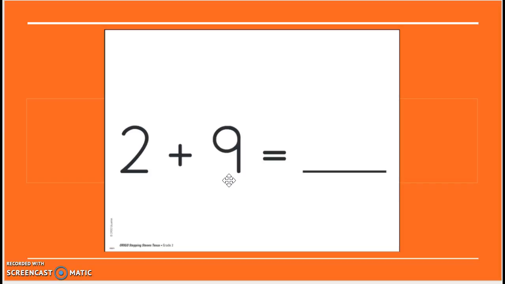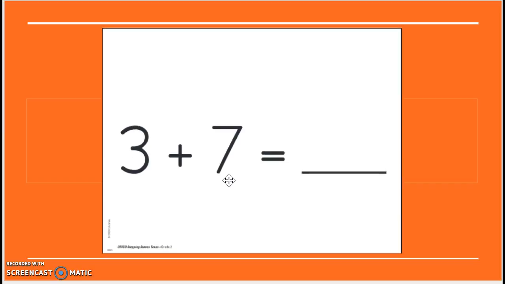Let's try this equation. If you have 3 plus 7, which add-in would you start with to count on? Would you start with 3 and count on 7? Or would you start with 7 and count on 3?